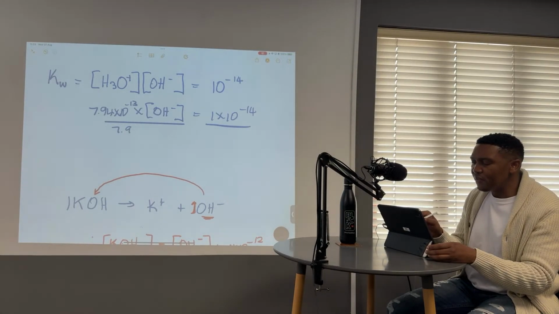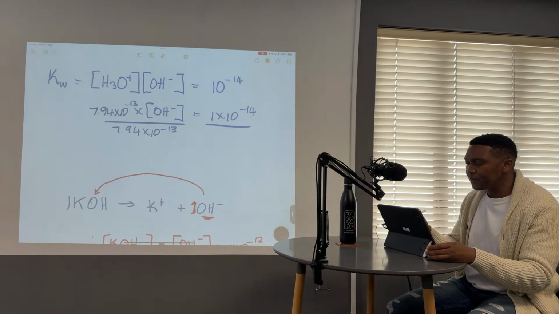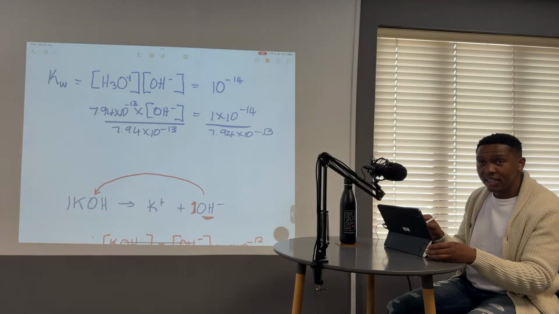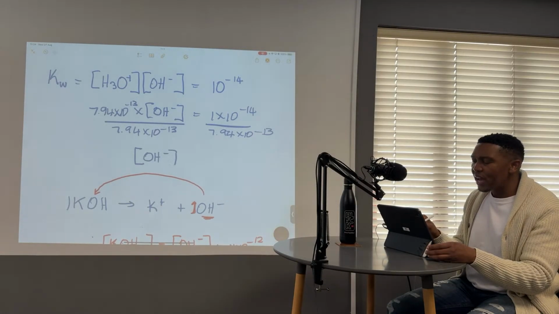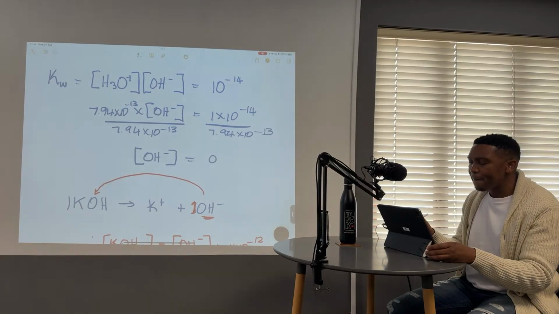What did we get? 7.94 times 10 to the power minus 13. This is where the 0.01 comes from. All right. So meaning the concentration of hydroxide would now be 0.01 moles per cubic decimeters.